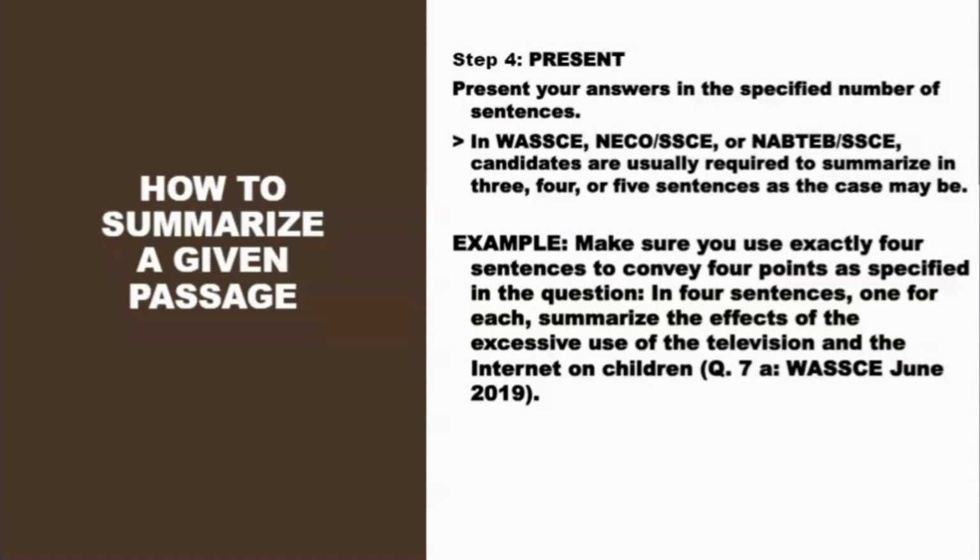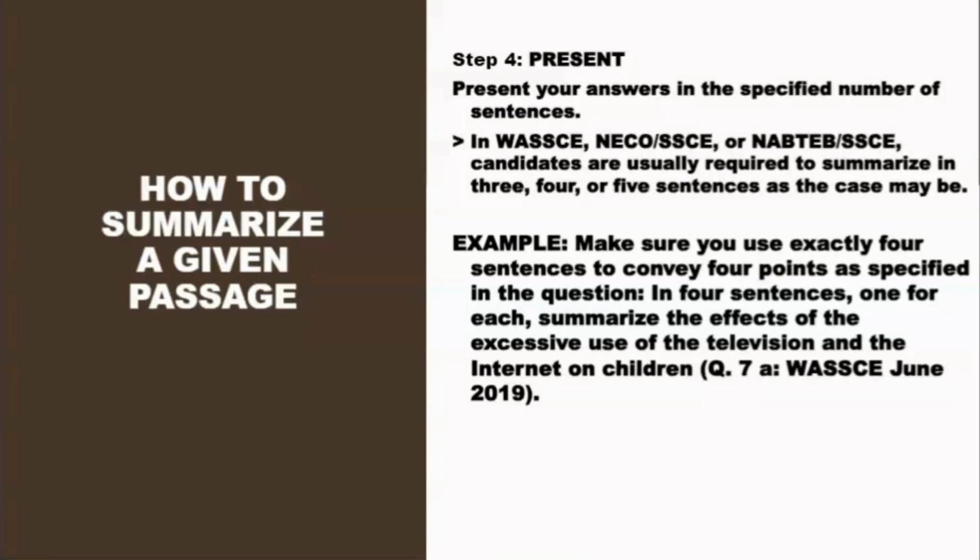specified in the question. Let's look at the question taken from question 7A of WASSCE, June 2019. In 4 sentences, 1 for each, summarize the effects of the excessive use of the television and the internet on children. So in this case, 4 sentences are specified. 1 for each means that you have to use each sentence to convey each point.